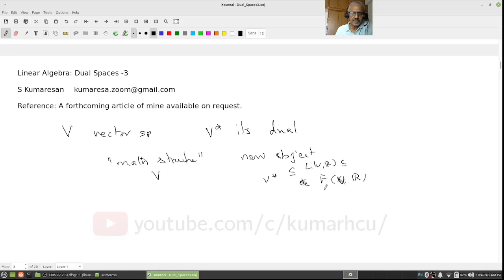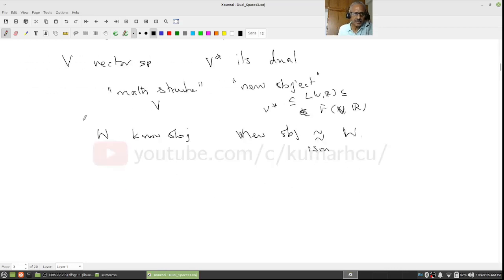Okay, right. So the idea is to find some other well-known object, and say your new object is isomorphic to some old object W. In our case, what we need is I have a V star.